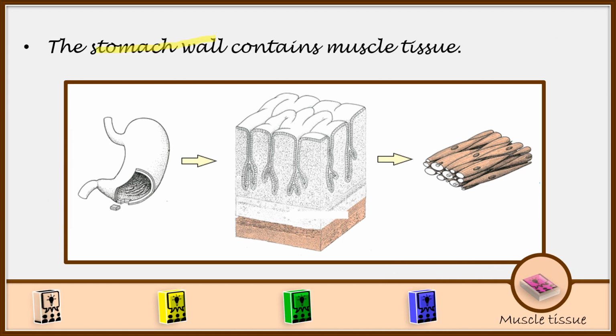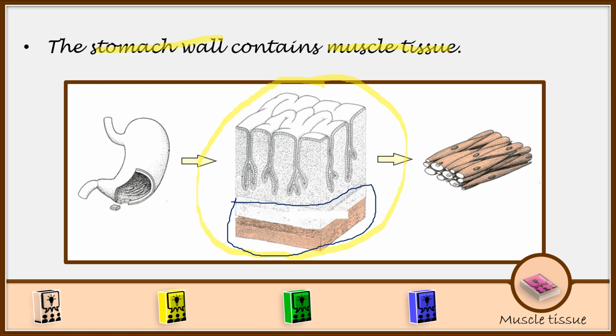The stomach wall contains muscle tissue. When you look at the stomach wall, this is what you are going to see if you have cut that smaller part. There is the muscle tissue; this lower part of the stomach is made up of muscle tissue.